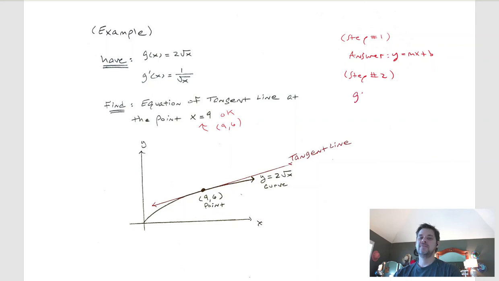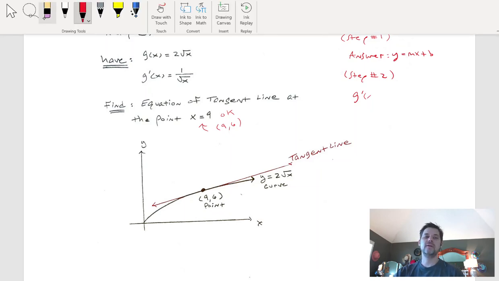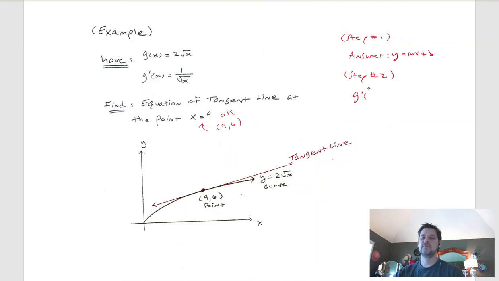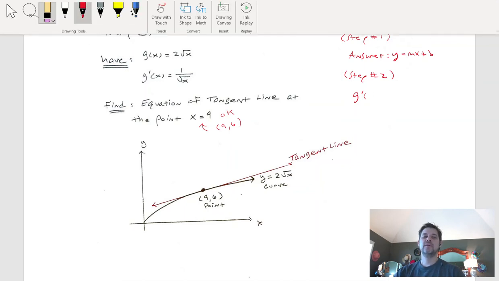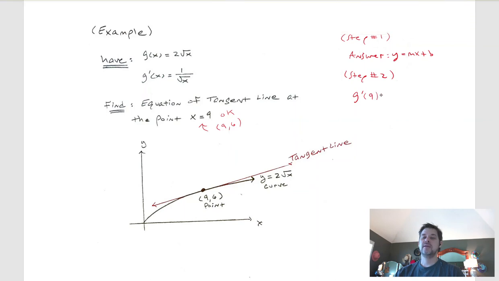So I want to find the slope of both the curve and the tangent line at the point where, hold on a second, there we go, at the point where x is equal to 9. So I put 9, the x coordinate of the point that I'm interested in, into the derivative.